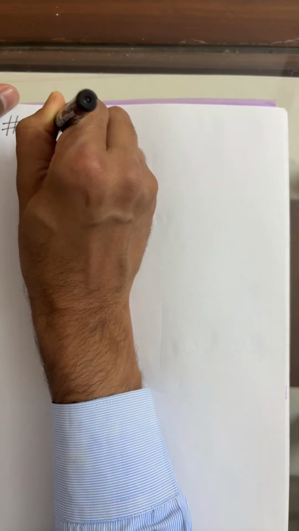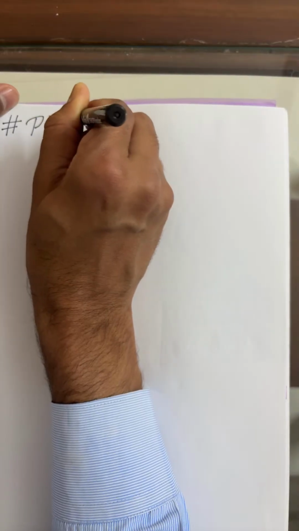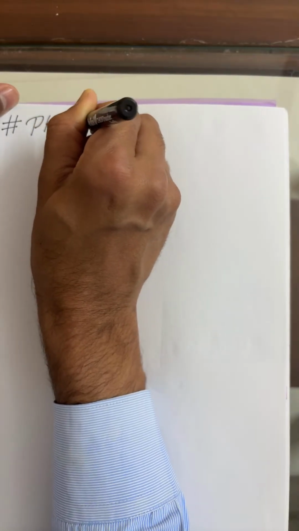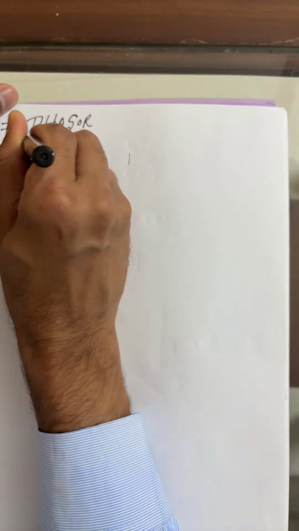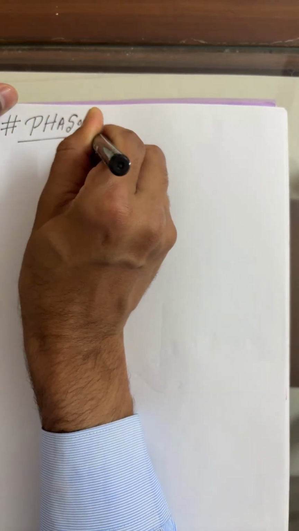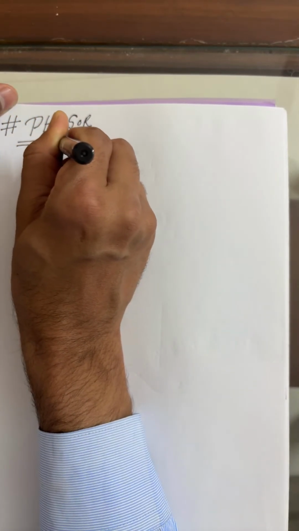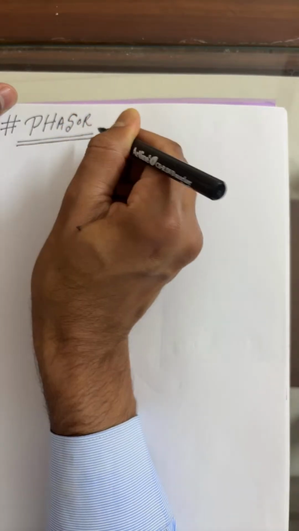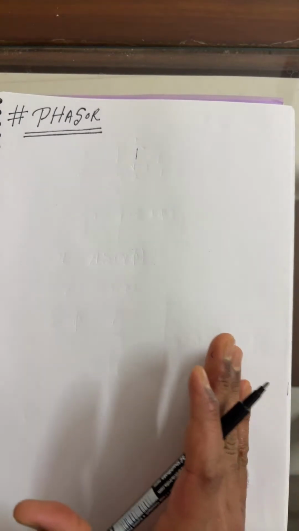I know this is a very confusing point among the students. Maximum students shared this with me. So it's literally very tough. But I'm telling you, once you learn this one, definitely you will relax, and you will get everything I'm going to teach you on phasor.